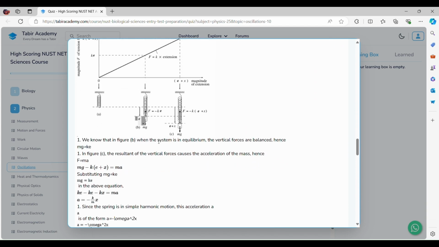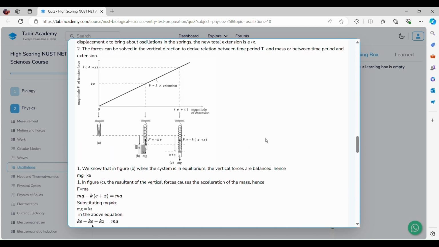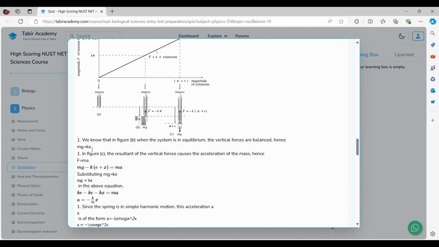We know that in figure B, when the system is in equilibrium, the vertical forces are balanced. Hence, mg equals ke. In figure C, the resultant of the vertical forces causes the acceleration of the mass, hence F equals ma. Mg minus k(e plus x) equals ma.